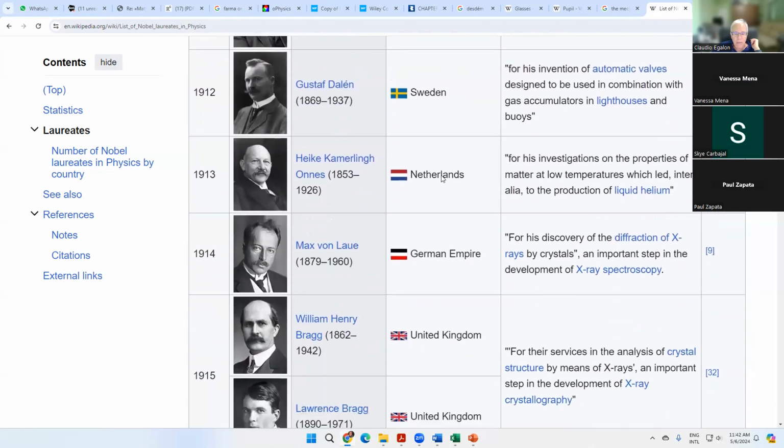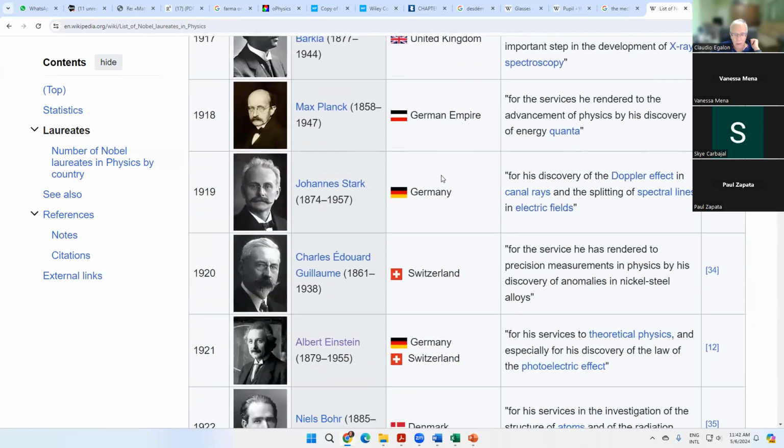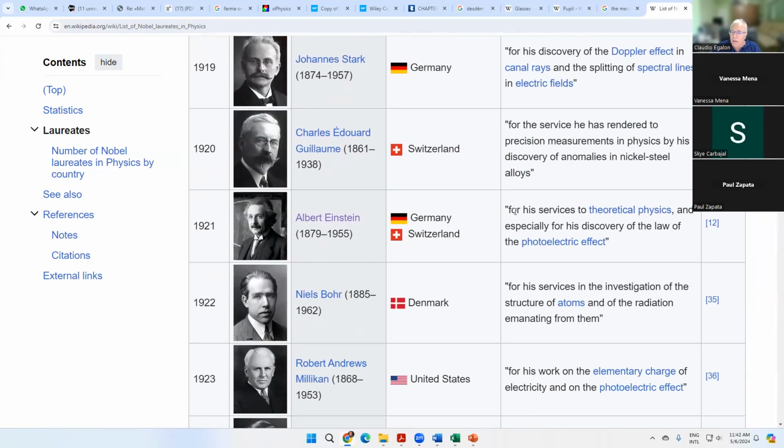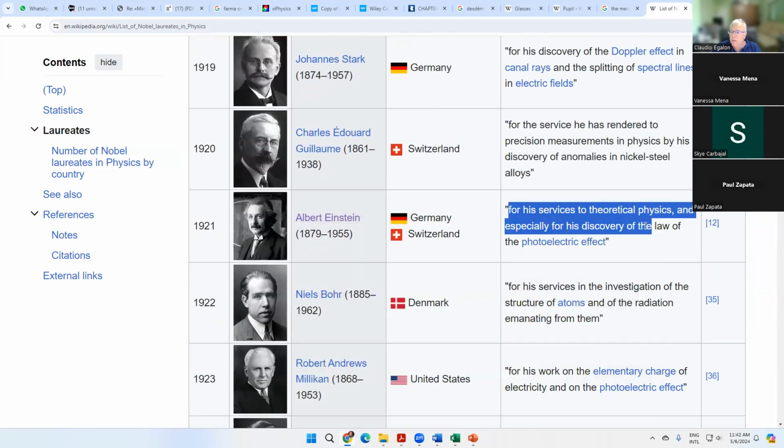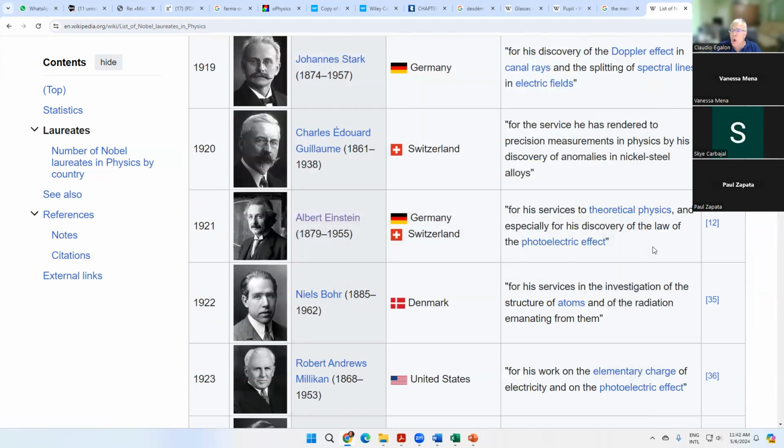What about Einstein? Where is Einstein here? Okay: for his service to theoretical physics, and especially for his discovery of the law of the photoelectric effect. No mention whatsoever of the special theory of relativity, nor the general theory of relativity.